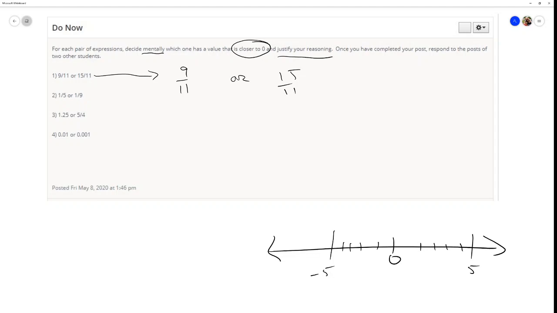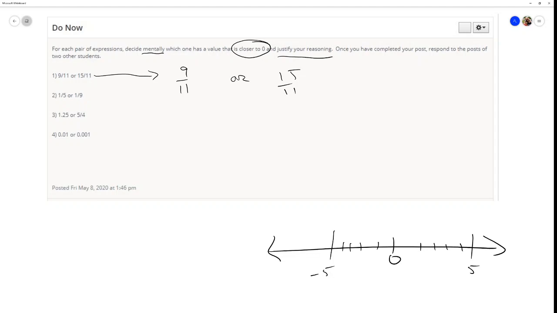9/11, 15/11. So 9/11 would be smaller than 15/11 because 15/11 would be 1 and what is that, 4/11. I'm trying not to write it down because it says mentally. Because the 11 on the denominator is smaller than the numerator, that's at least 1.